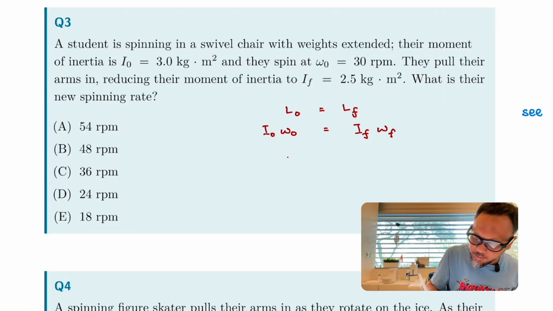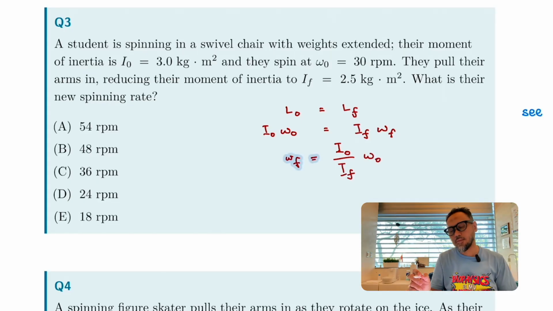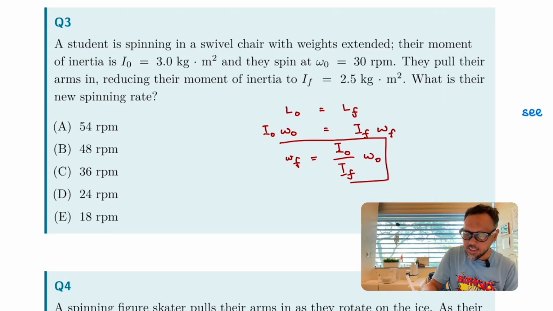And what is being asked is omega final. So omega final is equal to I naught divided by I final times omega naught. Okay. All right. Now we are ready. So this is the answer in terms of the analytical formula.